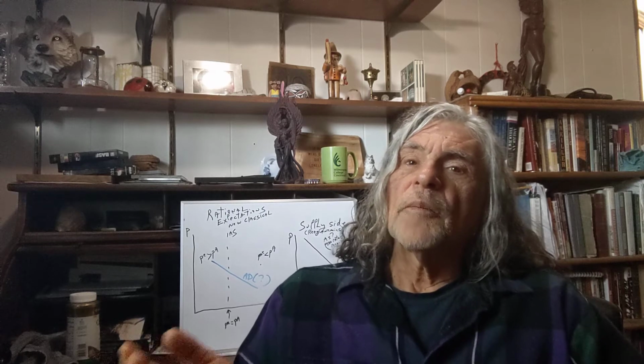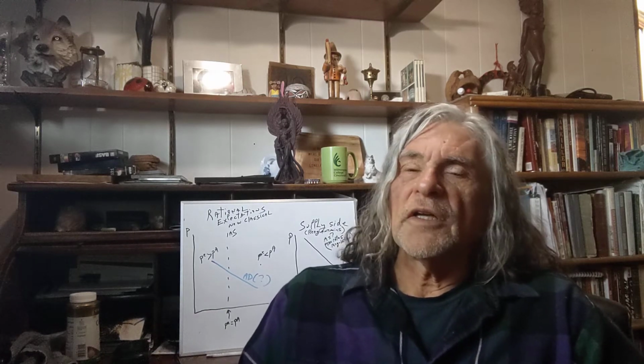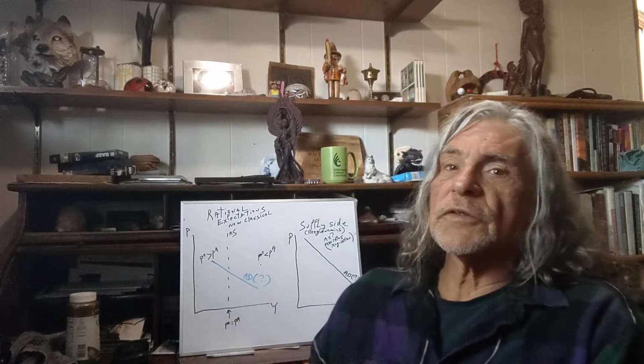Okay? But in addition to money, in the Keynesian model, aggregate demand is impacted by autonomous consumption, autonomous investment, government spending, taxes, okay, exports and imports.